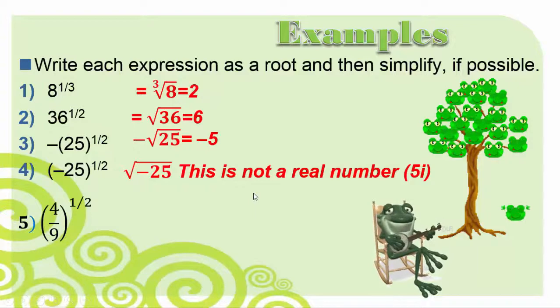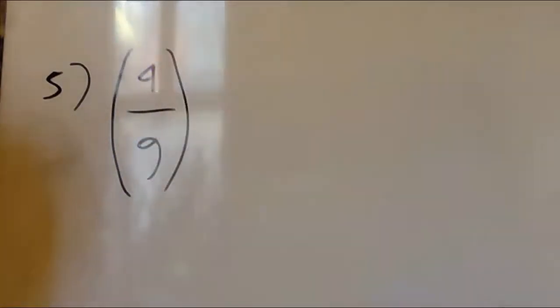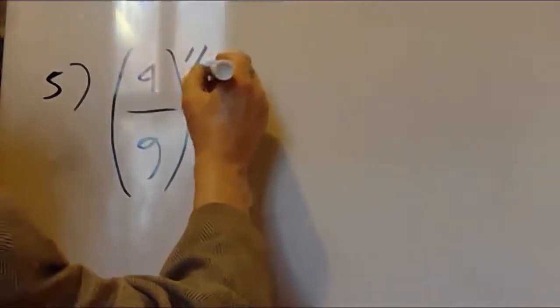In example number 5, we have a fraction inside the bracket, and we bring that to the 1/2 power. Let's go over to the whiteboard and see how we deal with a fraction brought to a fractional power. In example 5, we actually have a quotient. We have 4 over 9 to the 1/2.